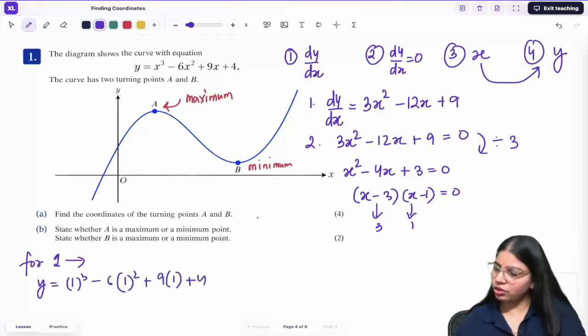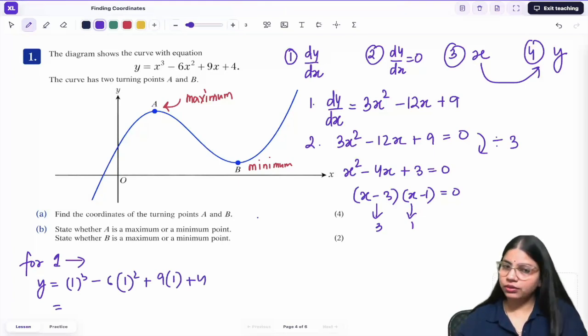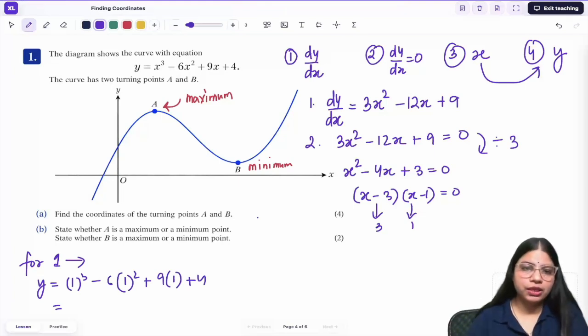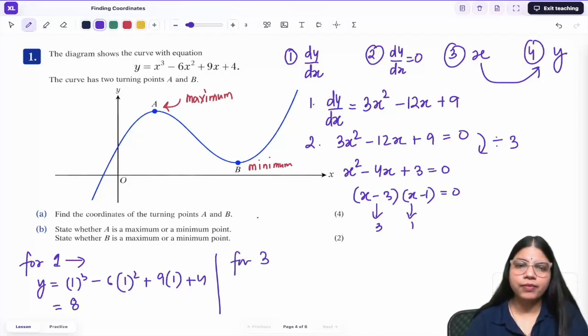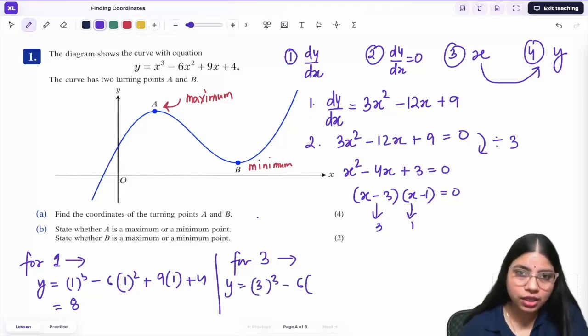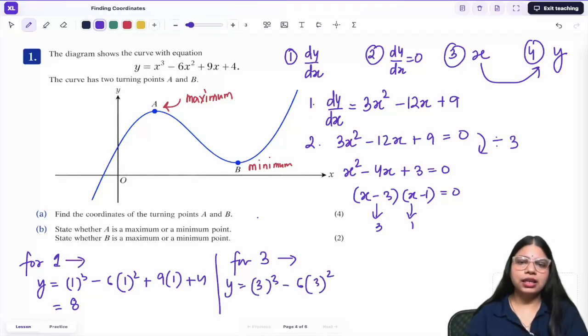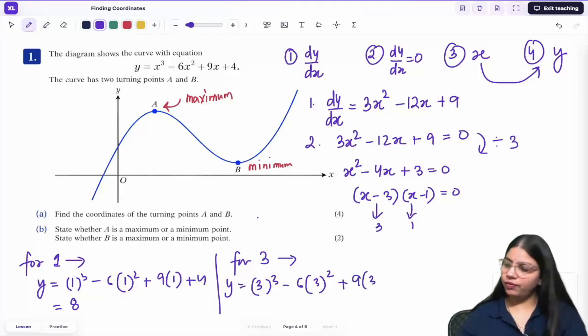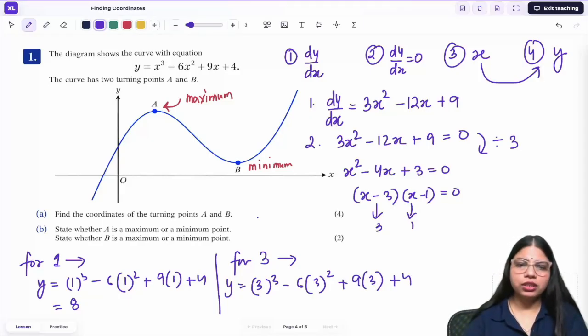If we quickly solve this, that gives me 8. And for x is 3, we do the same thing: 3 cubed minus 6 times 3 squared plus 9 times 3 plus 4. That gives us 4.